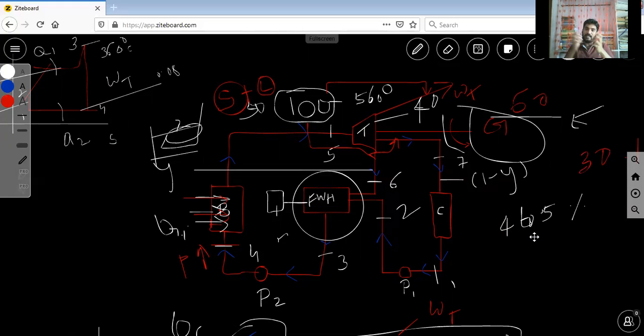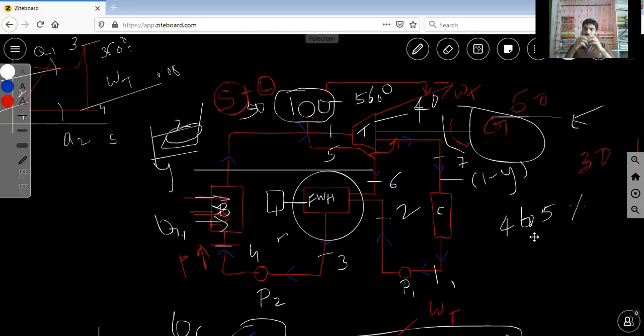The steam extracted from the turbine enters the feed water heater, and after the pump work, the high pressure liquid also enters the feed water heater. Both the high pressure water and the extracted steam mix in the feed water heater, or mixing chamber.